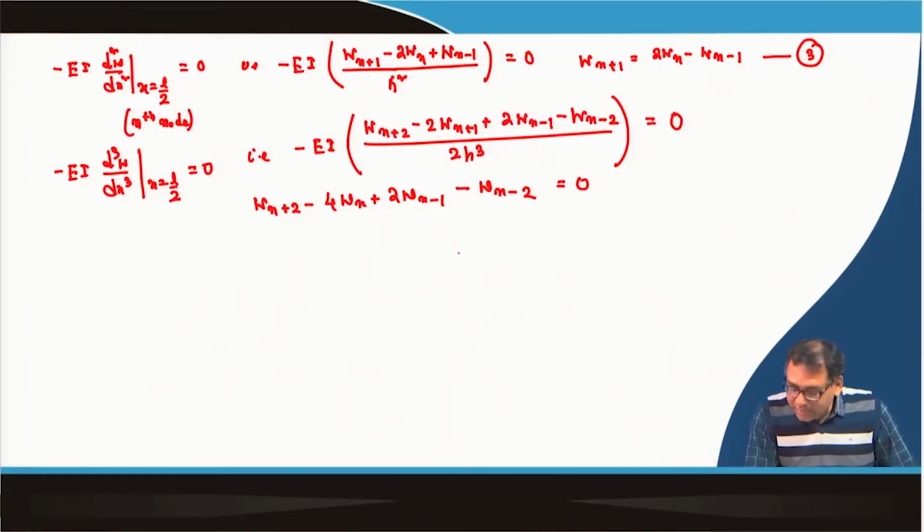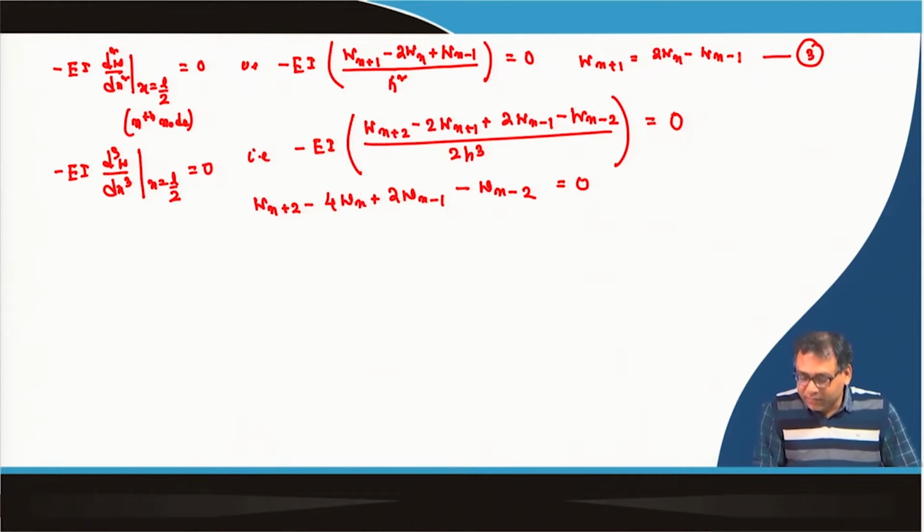And now, we have this condition w n plus 1 is equal to 2 w n minus w n minus 1, okay, because now we have to convert the imaginary node to real node, because we have to get the relationship of the imaginary node to real node. Real nodes are the nodes where you want to determine the deformation. Imaginary nodes are used to use these boundary conditions.